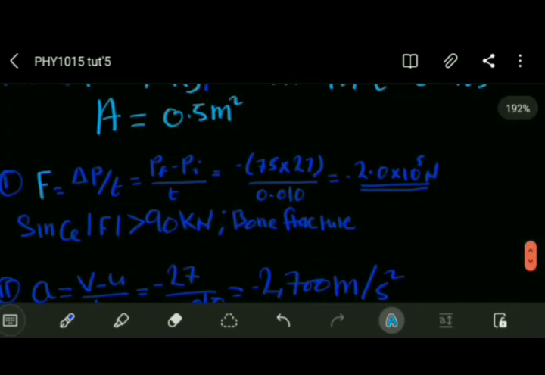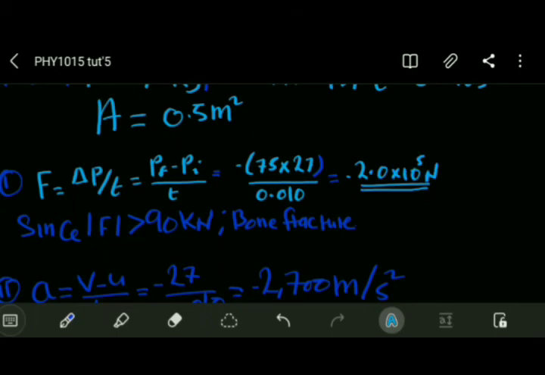We know that the force equals change in momentum over the time. Therefore, for the change in momentum of this passenger, because he is going to stop, the final momentum will be 0, and we have 0 minus initial momentum. We are getting a negative, which is negative m times u, divided by the time, and we are getting a force of negative 2.0 times 10 to the power 5 newtons.